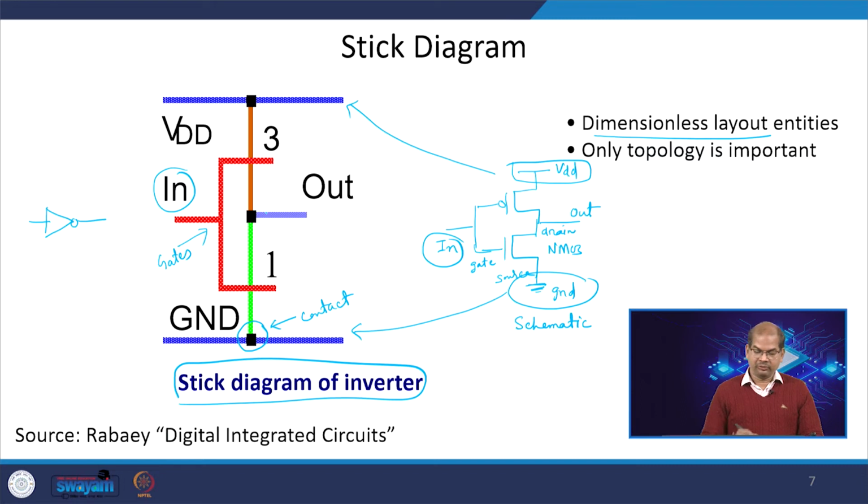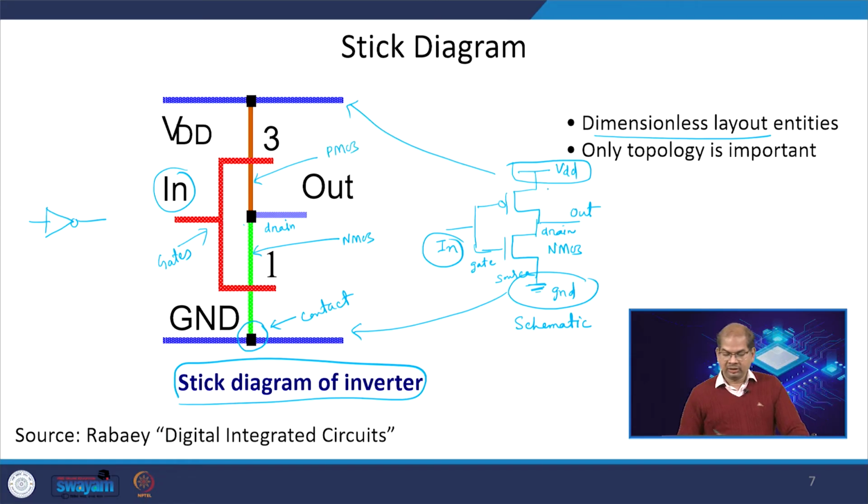The drain is connected to your output. This green line represents the NMOS and this brown line represents the PMOS.